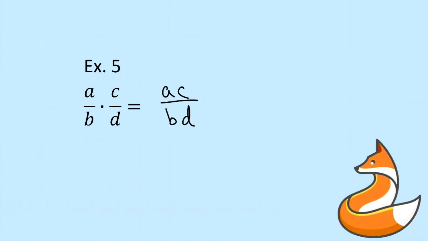Now, because a and c are integers, a times c is an integer. And because b and d are integers, b times d is also an integer. So we have one integer divided by another integer, so this does fit the definition of a rational number.